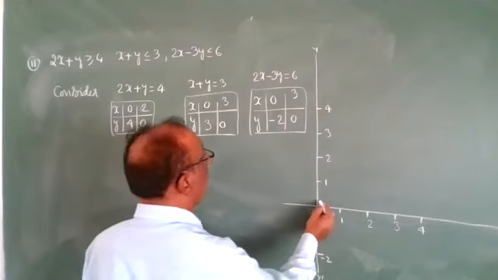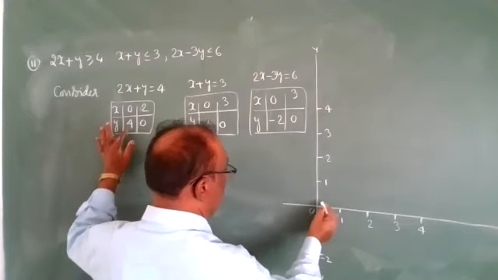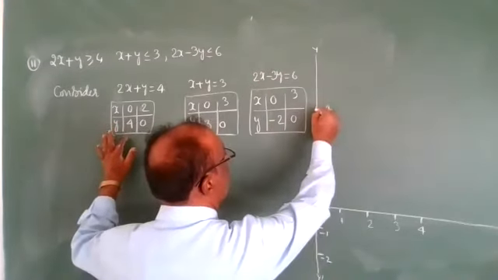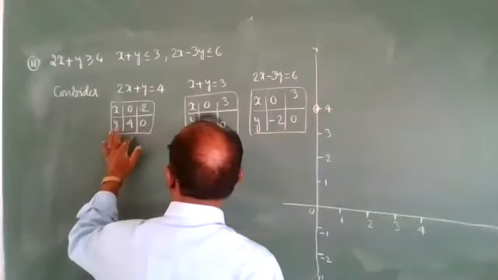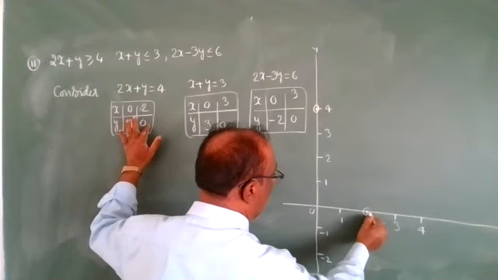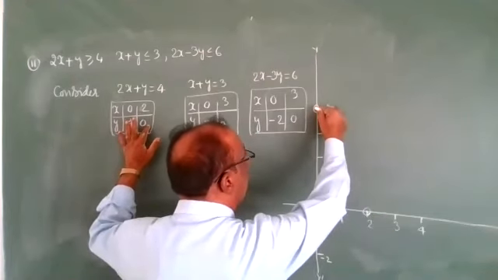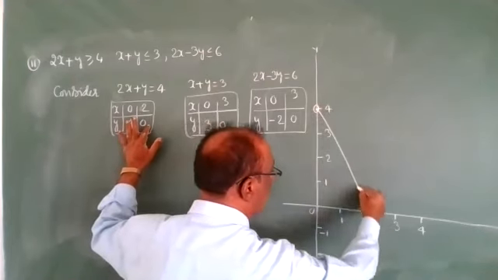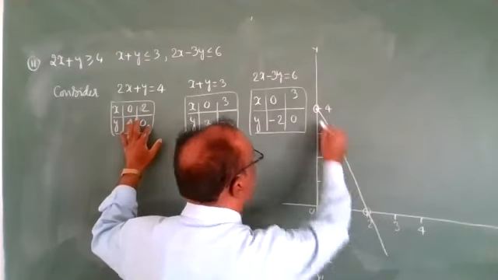Substitute: x is equal to 0, y is equal to 4. y is equal to 0, x is equal to 2. One table, one line drawn. This is the one line.